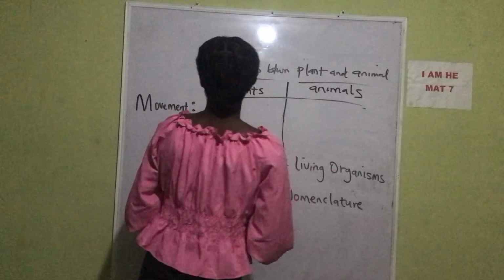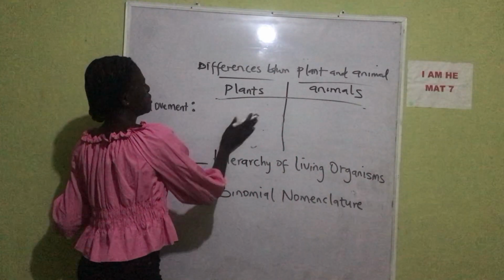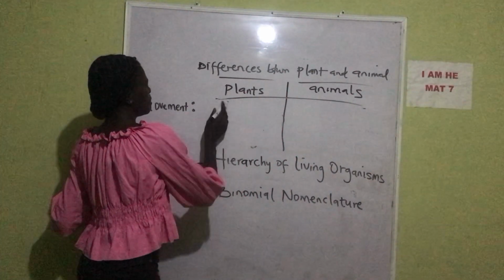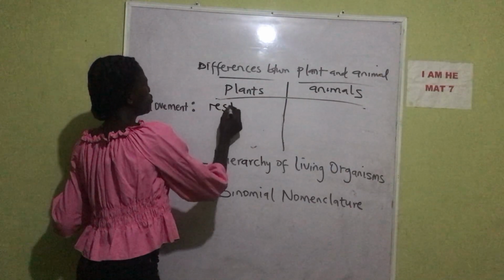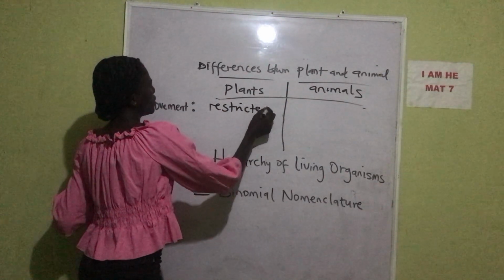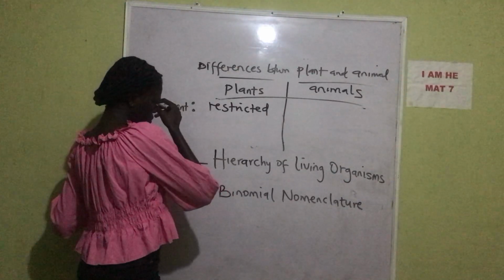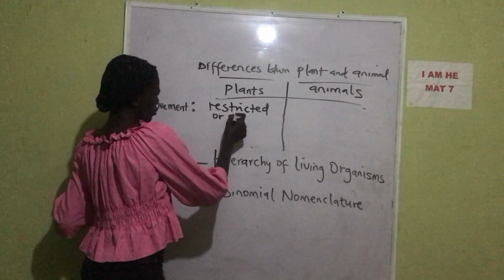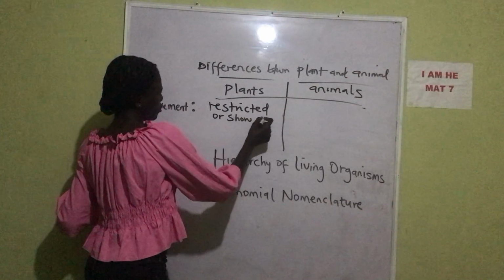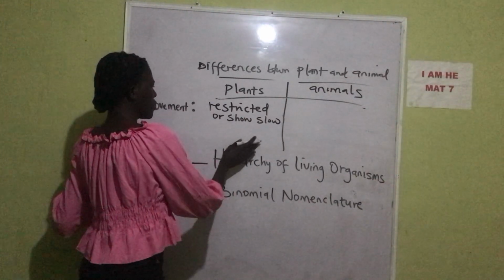For movement, plants are restricted or show no form of movement, or show a slow form of movement.